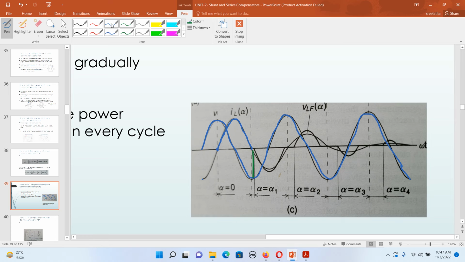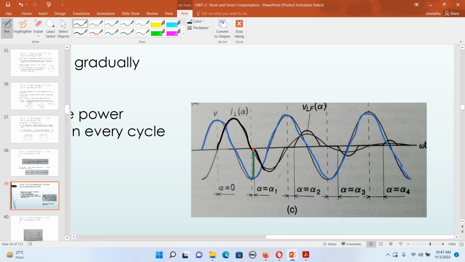So now we are giving some firing angle alpha, some firing angle we gave. So this is how it was going before. Okay, because of this small gap, it started.